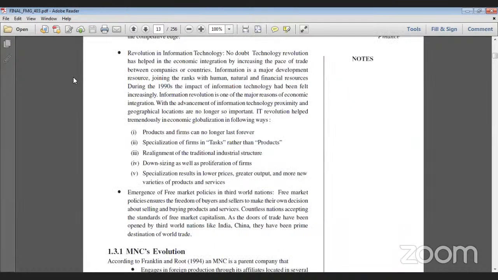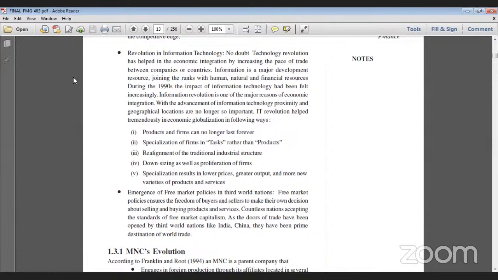Revolution of information technology. No doubt the technology revolution has helped economic integration by increasing the pace of trade between countries. During the 1990s, the impact of information technology was felt increasingly. The information revolution is one of the major reasons of economic integration. With advances in information technology, proximity and geographical location are no longer so important.